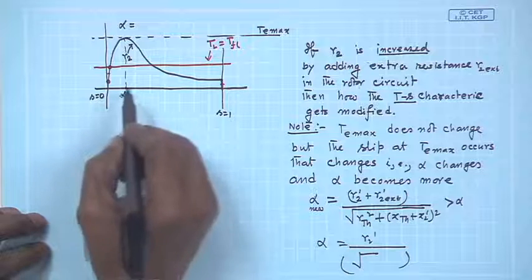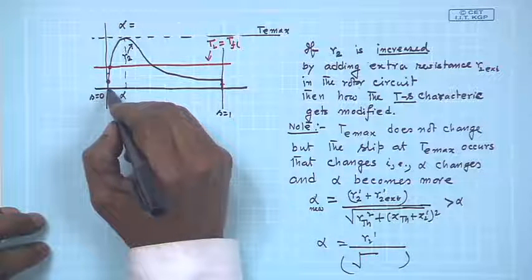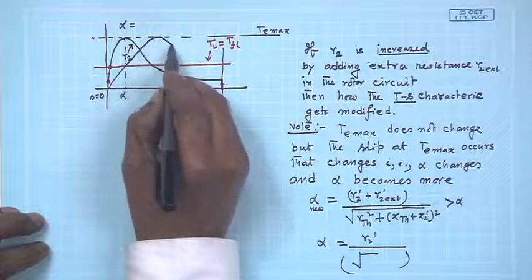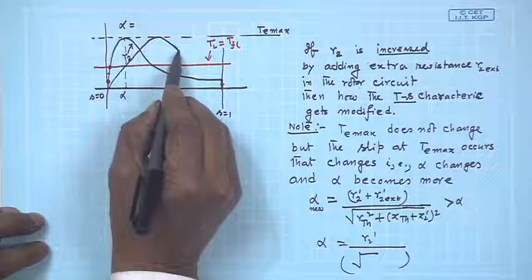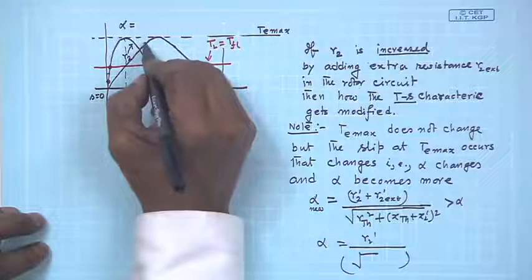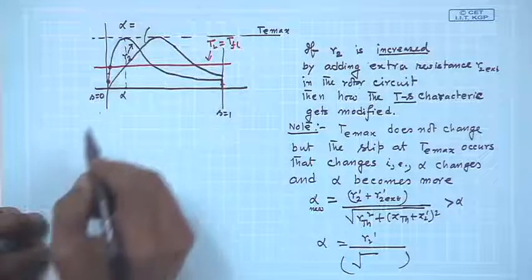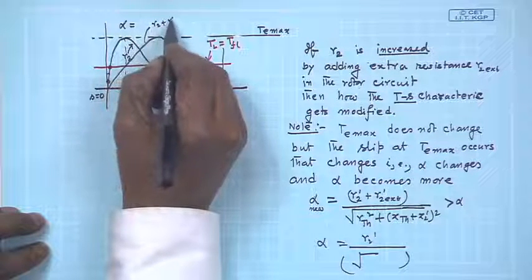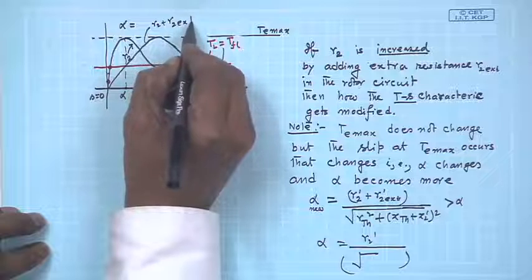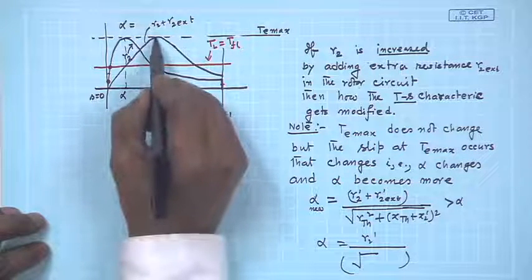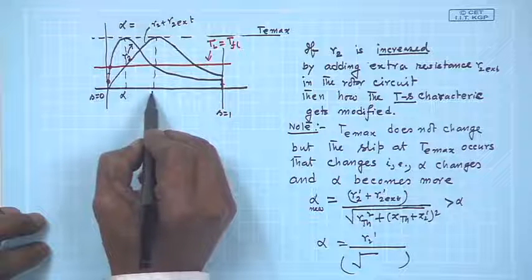Therefore, this alpha was less and it will then become something like this. This is for R2 dashed, this is for R2 plus R2 external. So, the slip at which maximum torque occurs now will become alpha 1.